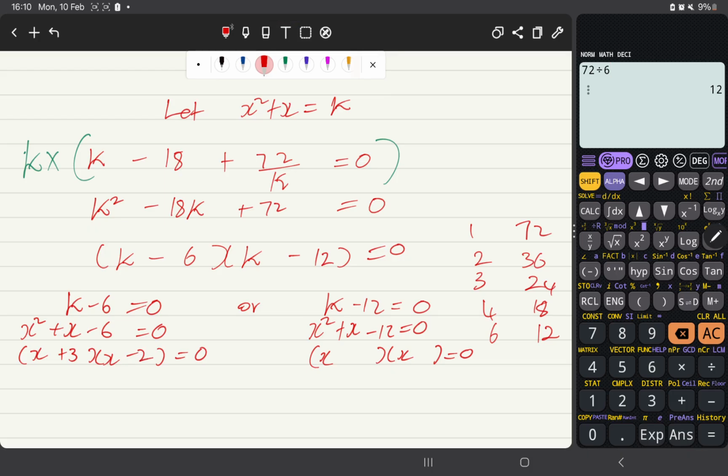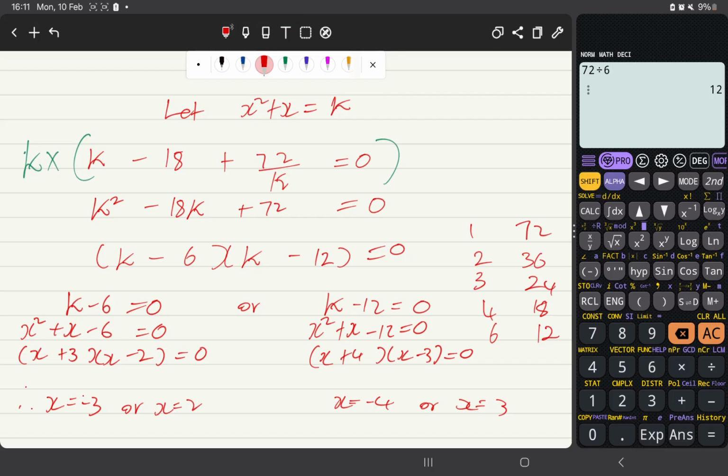I add them, I get 1. Two numbers, I multiply them, I get minus 12. I add them, I get 1. It's going to be plus 4 and minus 3. Right, so here I'm already saying that therefore x is equal to minus 3, or x is equal to 2, and then here I have x is equal to minus 4, or x is equal to 3. Wonderful.